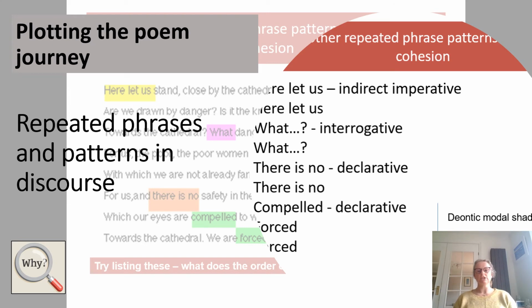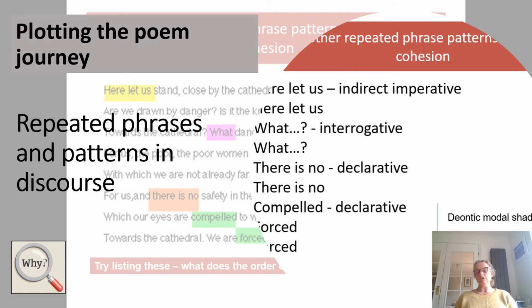Well, really interesting, because what we have here is this sense of fairly gentle imperative, here let us go, and it ends with this declarative, but the semantics behind the declarative verbs here, compelled and forced, really give a sense that there is actually no choice.